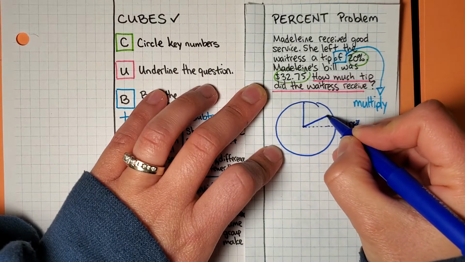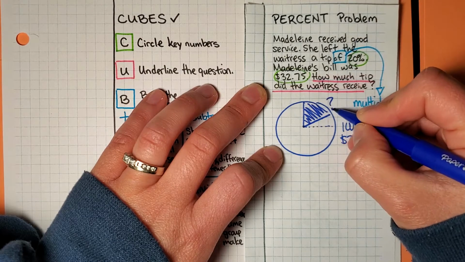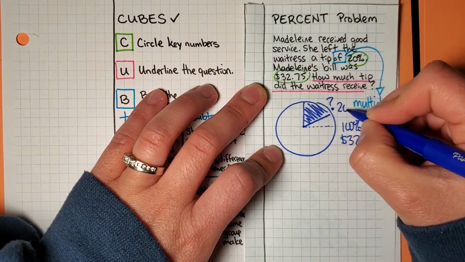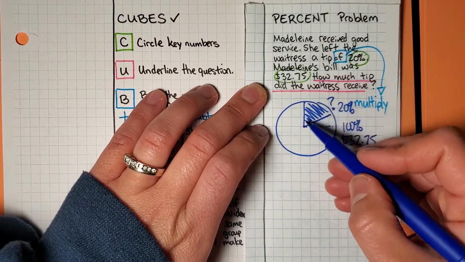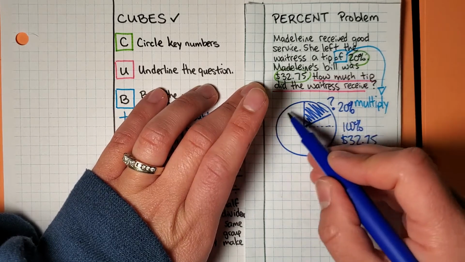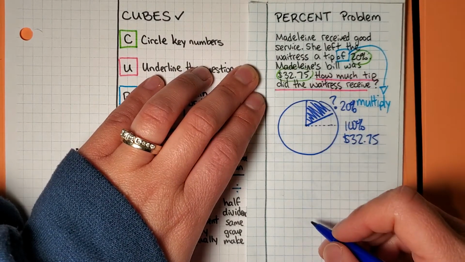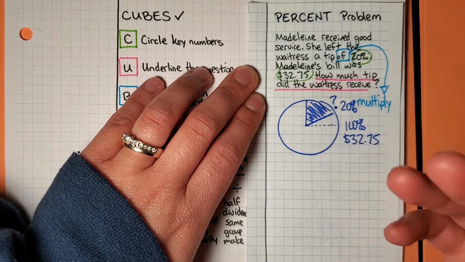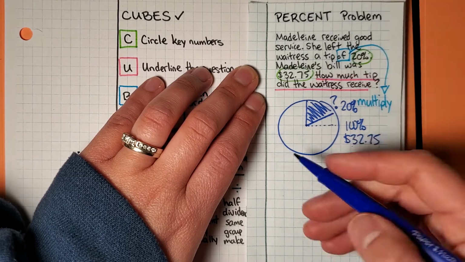So about this big is the chunk that I'm trying to find. That's 20%. I don't know how much that is, but I know it's this sector, this little part of the total. So now I'm just going to take this picture that I drew to really notice that it's less than 32.75, just a little bit of it.